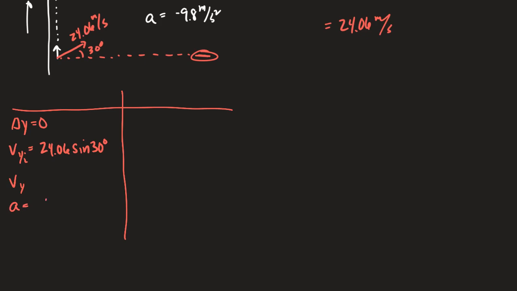The acceleration will be gravity, 9.8 meters per second squared. I'd like the time that it's in the air. Vx is going to be 24.06 cosine 30 degrees. I can get the time here and use it there. Does that answer your part B? Thank you. You're welcome.